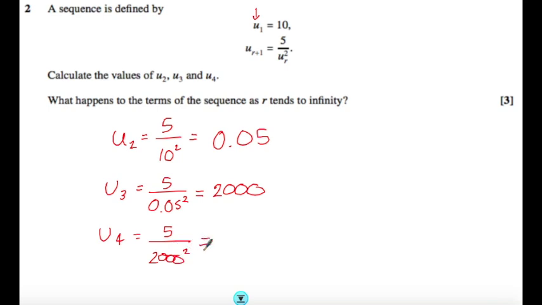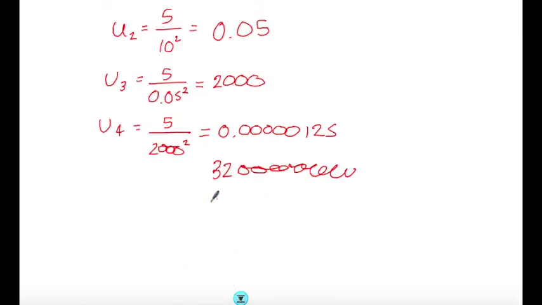Now because I put 5 over answer squared in my calculator, I can just press equals again, and I get 1 over 800,000, which is 0.0000125. So if we write down a few more terms, if I press equals again, we get, so u5 is going to be some really big number with loads and loads of zeros, and then after that the next number's got 25 zeros and then the number.